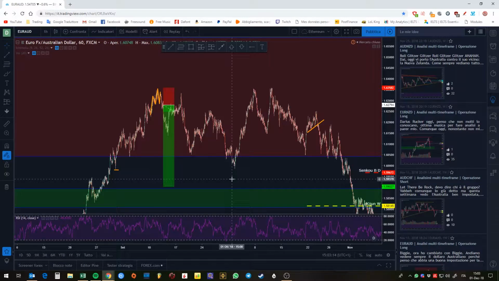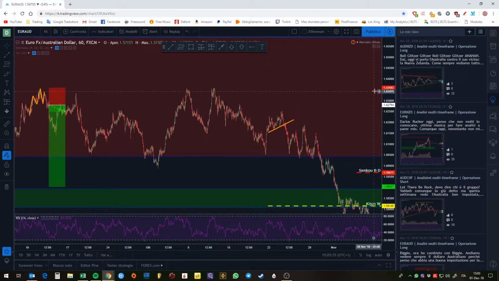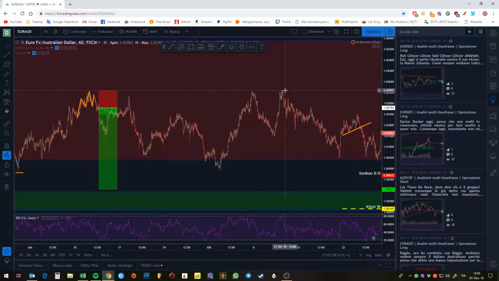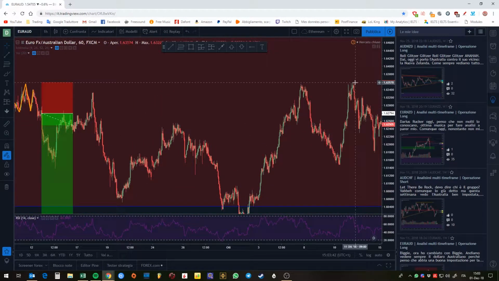So maybe, let's see what would have happened without moving the stop. Without moving the stop loss, and seeing this one, it would have gone on a crazy amount of profit. It's hard to say now.